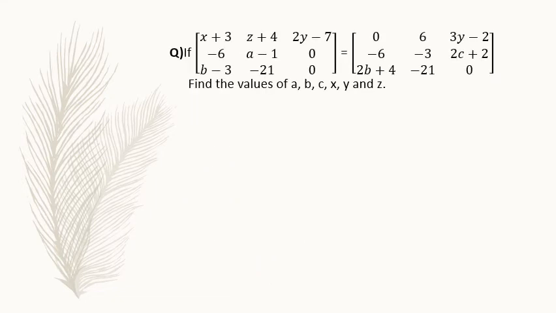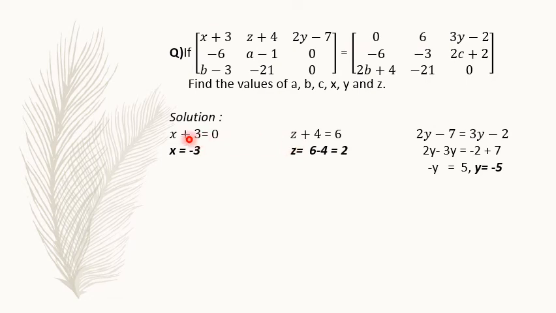Here is a question. Given that these two matrices, these two are 3 by 3 matrices, are equal, we need to find a, b, c, x, y, z. So here these two matrices are equal, which means the first entries are the same. That is, x plus 3 equal to 0.